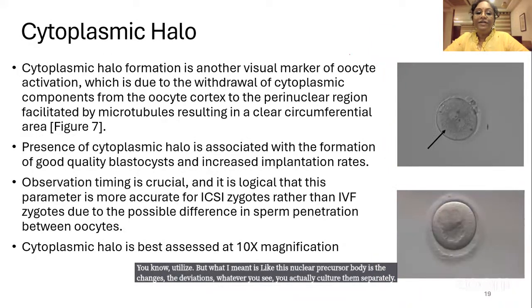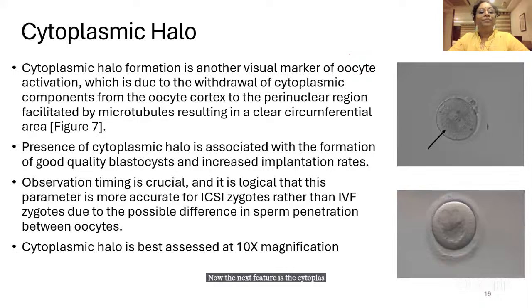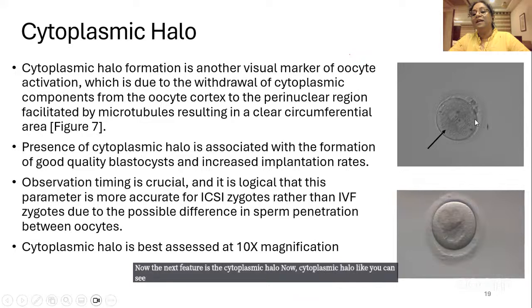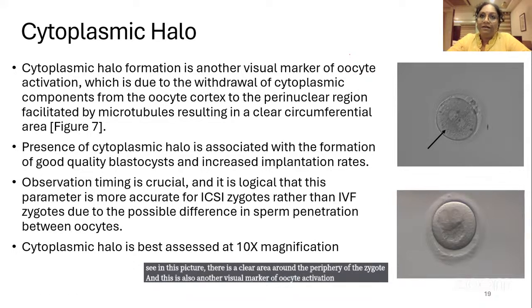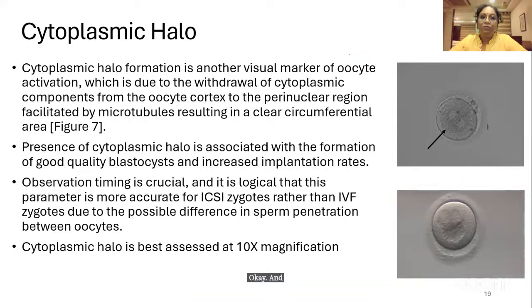Now, the next feature is the cytoplasmic halo. Like you can see in this picture, there is a clear area around the periphery of the zygote. This is another visual marker of oocyte activation. Normally, when fertilization has not taken place, there will not be any halo, and that is an indication that oocyte activation has not taken place.